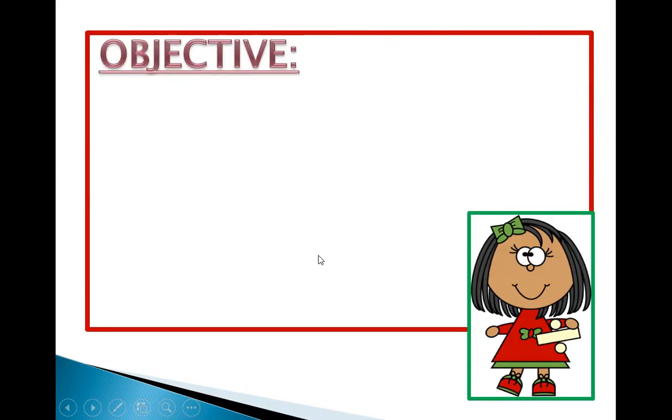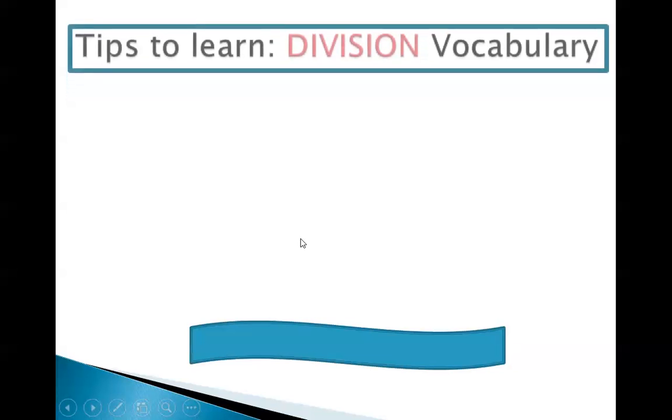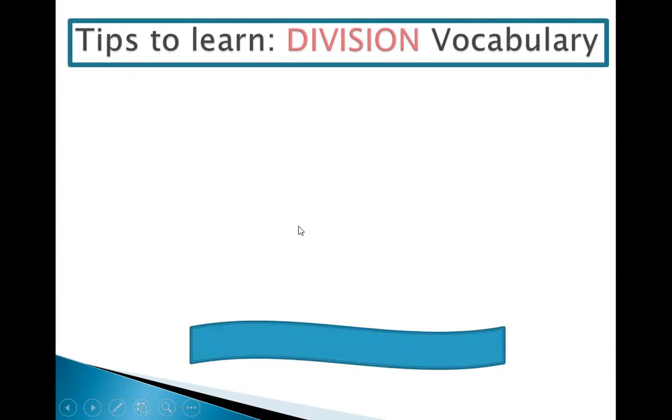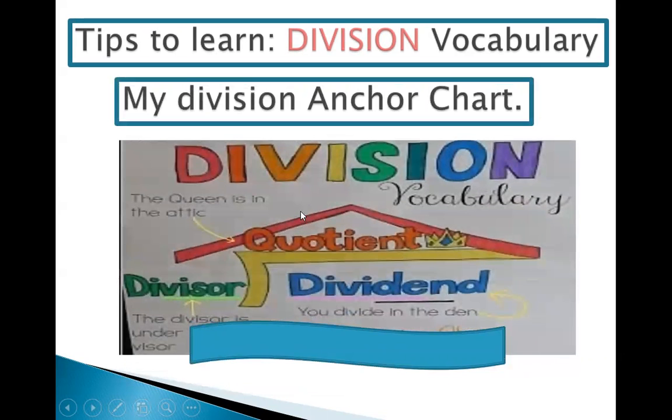Lesson objective is to divide a two-digit number by a single-digit number using long division method. Now, tips to learn division vocabulary. This is our anchor chart. Here you will find dividend.